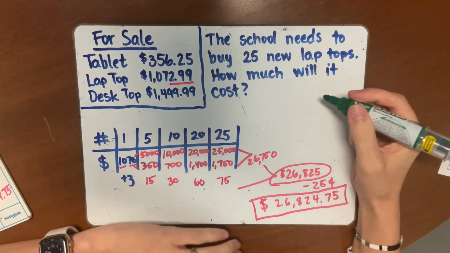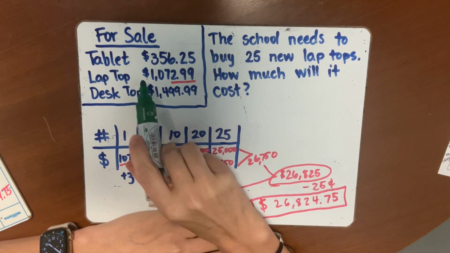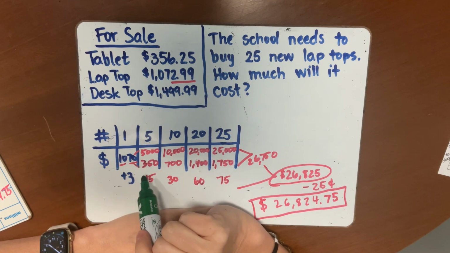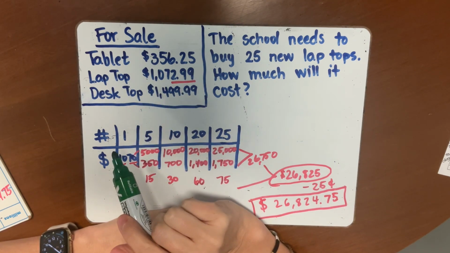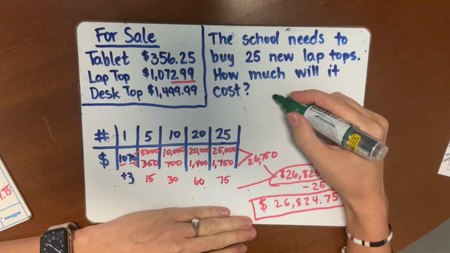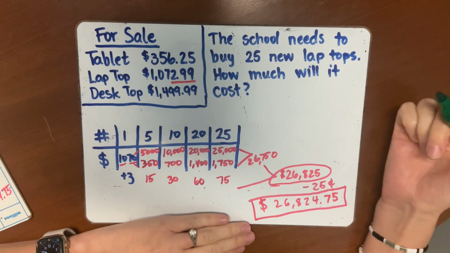Okay, well, I know I want 25 new laptops, and they're all $1,072.99. Well, I mean, I could do 1,000, that's pretty close. Or I could do 1,100, and I want it 25 times.